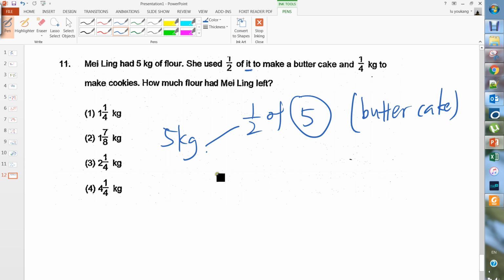If half of 5 is butter cake, and you use half, how much is left? Half is used. What is the fraction that is left? If you cannot manage, then write it down or use a calculator. Half is used. What is left?